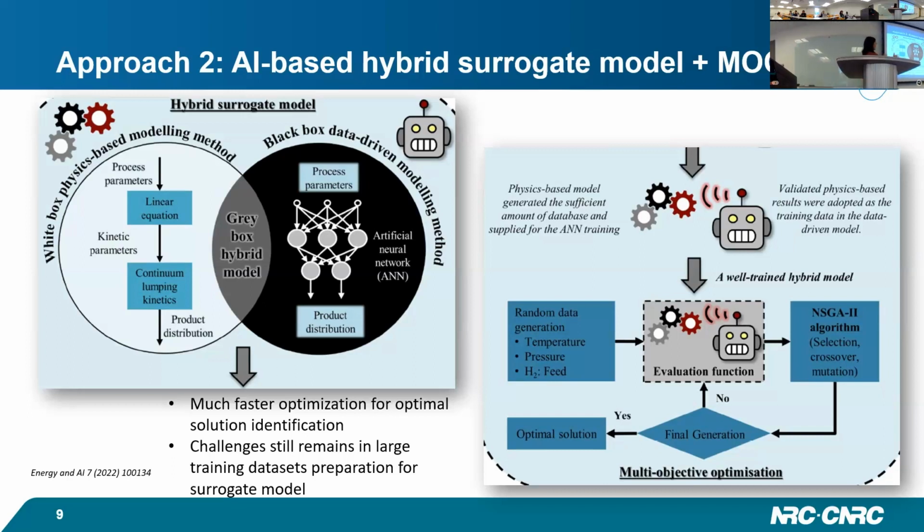Then we use this hybrid model in the multi-objective optimization process to find the trade-off profile between different objectives. This paper claims it's much faster compared with the alternative approach.